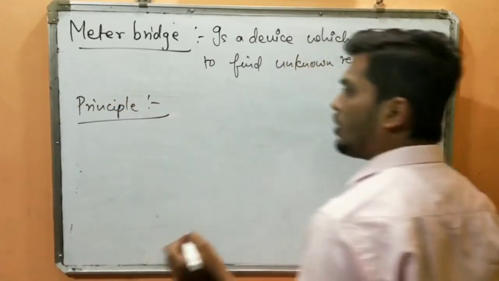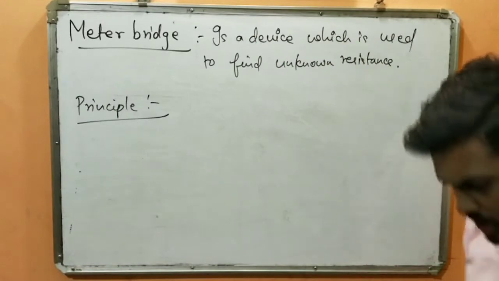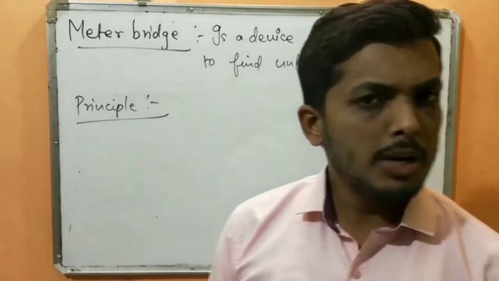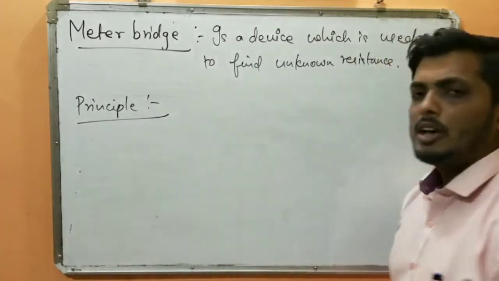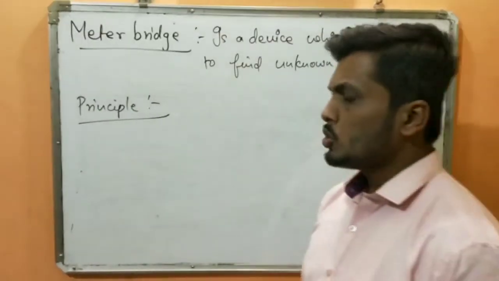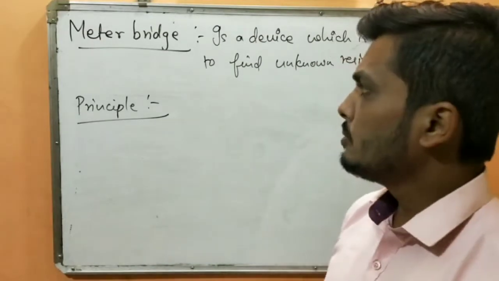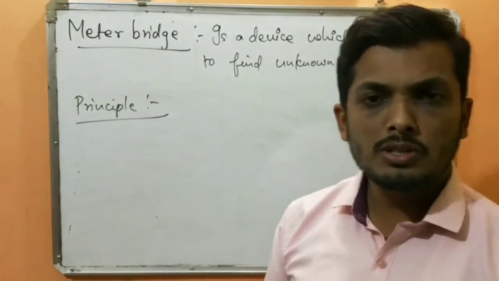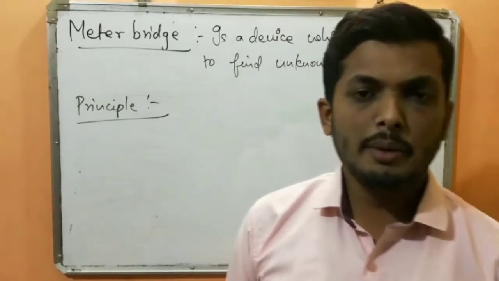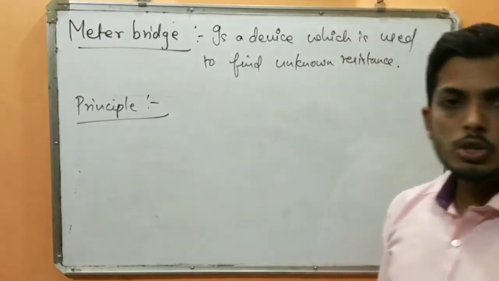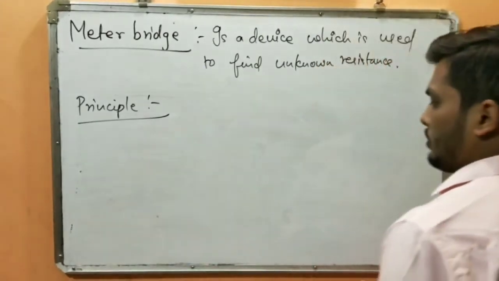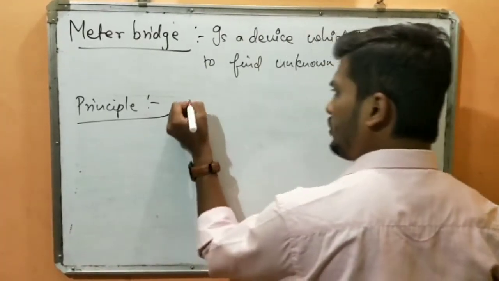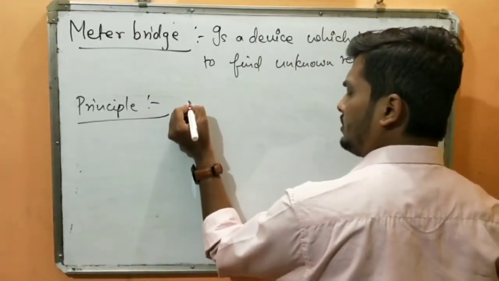So, the principle involved in meter bridge. The question they may ask you is: what is a meter bridge? Explain its construction and working. Or they may ask you to explain the entire experiment. So you have to write systematically: what is a meter bridge, what is the principle involved, draw a neat labeled diagram, then show its construction and working, and get the desired formula.